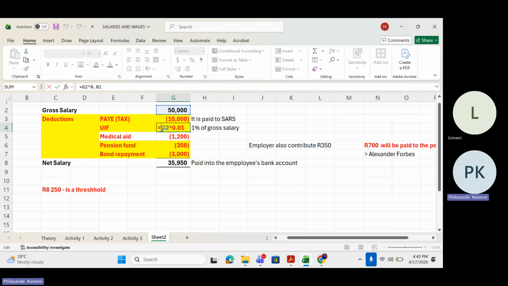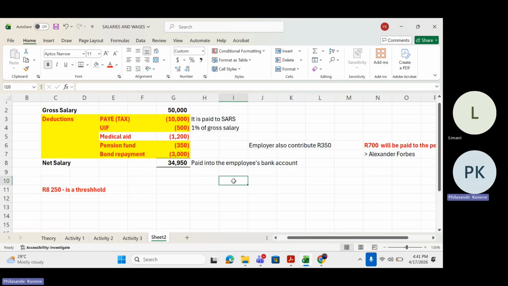Can you see that? But there is a limit for UIF. No one is paying 500 rands per month for UIF. The UIF is limited to 127 rands. You can't pay more than that, right? But I'll talk about that. But it has to be 1%.